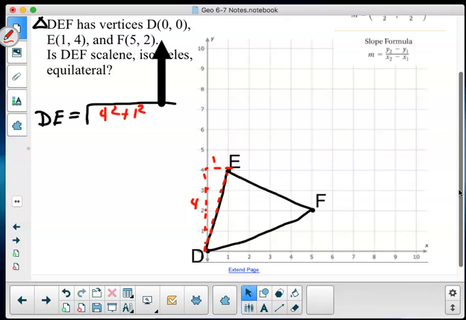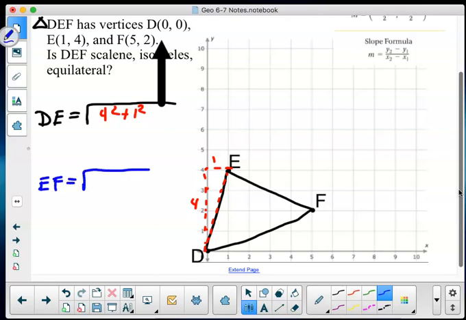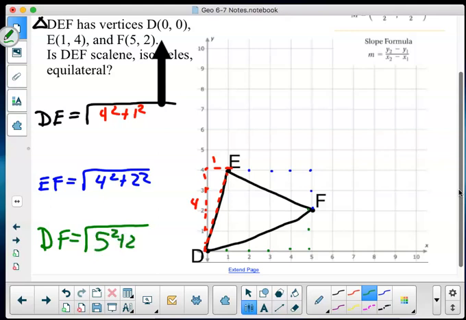And I'm going to move this one a little faster. Okay, I'm going to look at EF. Okay, and EF is 1, 2, 3, 4, and 1, 2. So 4 squared plus 2 squared. Okay. Now, I'm going to look at the last one here, DF. DF is 1, 2, 3, 4, 5, and 1, 2. That's 5 squared plus 2 squared.